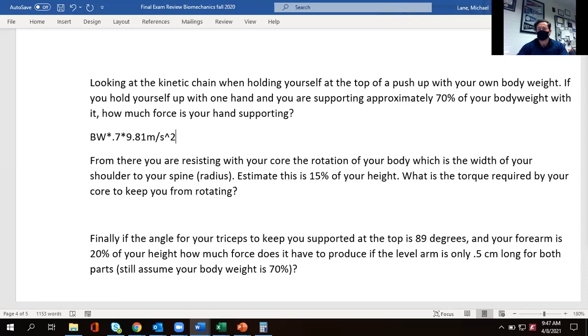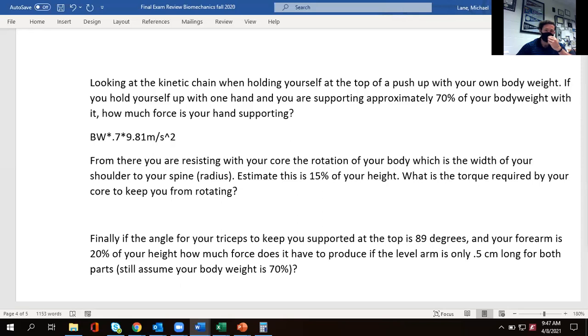That was it for the first part, okay? You're resisting with your core the rotation of your body, which is the width of your shoulder to your spine. So effectively the radius from your shoulder to your spine. Estimate this as 15% of your height. What is the torque required by your core to keep from rotating? Okay.